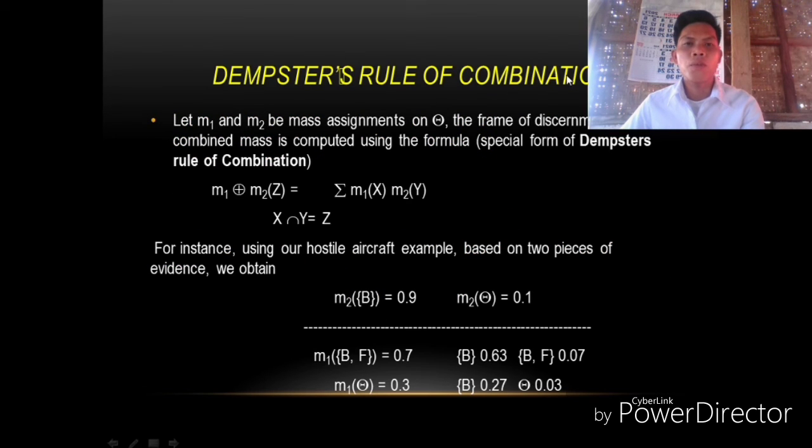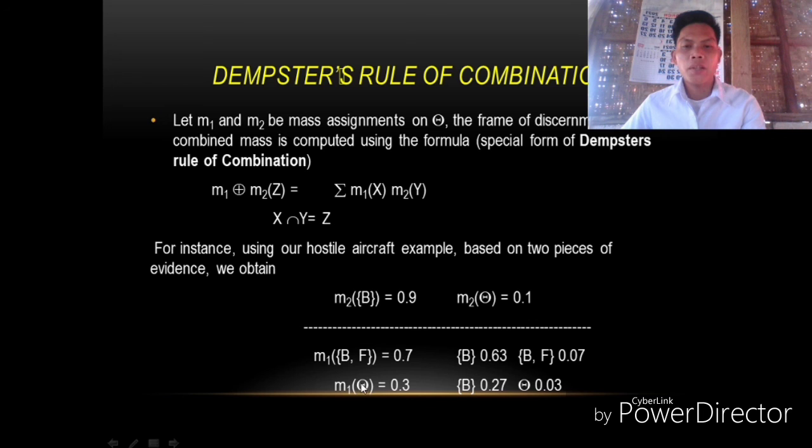Dempster's rule of combination. Let M sub 1 and M sub 2 be mass assignments on theta, the frame of discernment. The combined mass is computed using the formula, a special form of Dempster's rule of combination. So this is the formula of Dempster's rule of combination. For instance, using our hostile aircraft example, based on two pieces of evidence we obtain this.